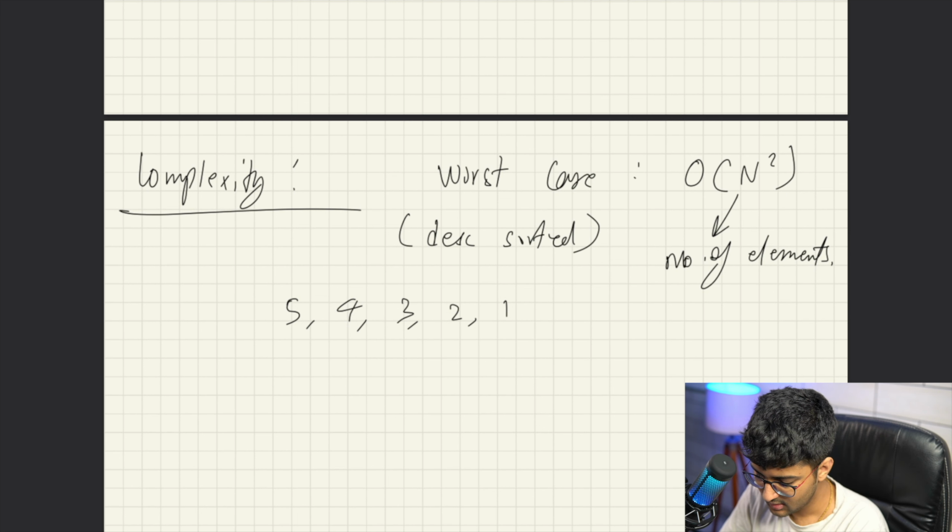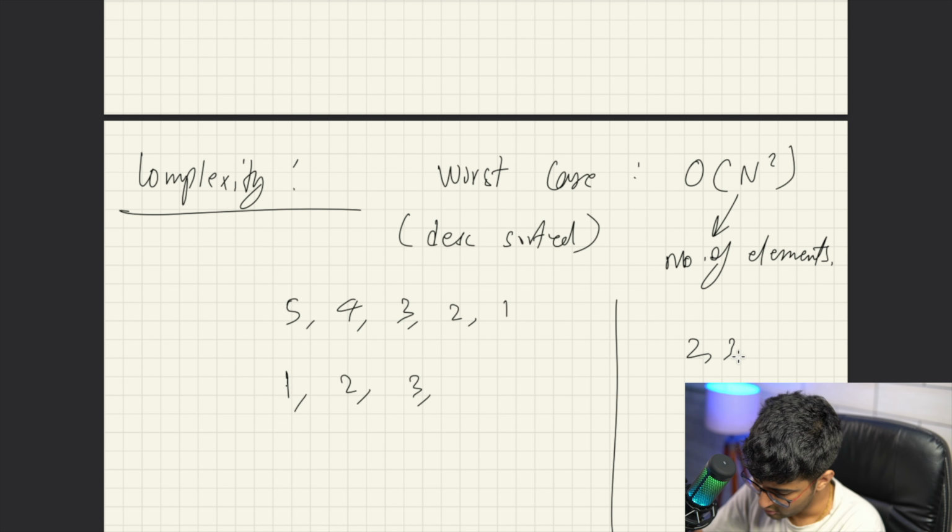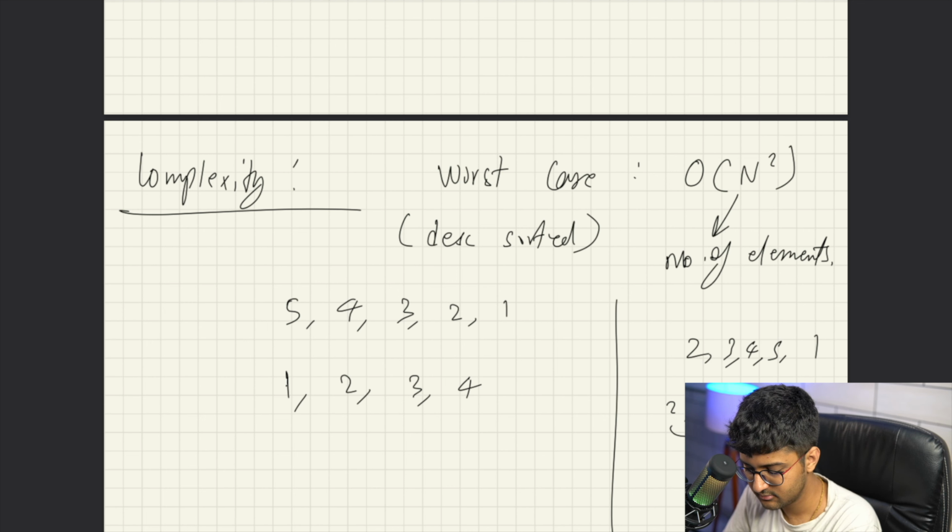This will take how many comparisons? This will take 1 comparison, then 2 comparisons, 3 comparisons. Then, when I have 1 over here, so I can say 2, 3, 4, 5, 1: 1 comparison, 2, 3, 4, 1, 5: 2 comparisons, 3 comparisons, 4 comparisons.